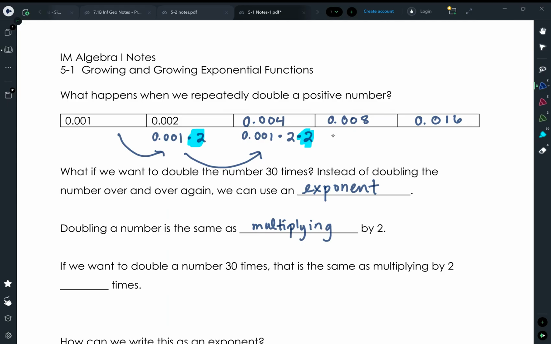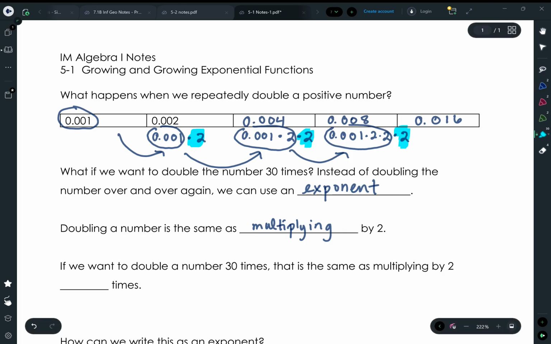So to get the 0.008, we could take what we had in the last step, 0.001 times 2 times 2, and we could multiply it by yet another 2. So what I'm trying to show is that for each of these, we're taking what was already there. So in my first step, I already had 0.001. So to figure out my second number, I would take that thing that I first had and multiply it by 2. And so here I'm going to take that last thing that I had and multiply by another 2. And now I'm taking that last thing I already had and I'm multiplying it by another 2 again.